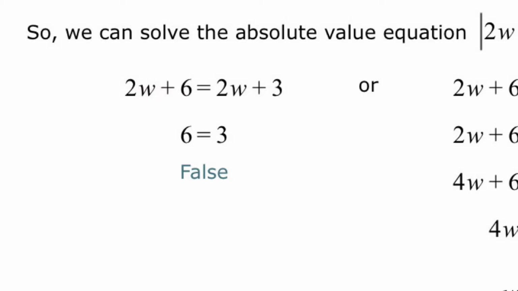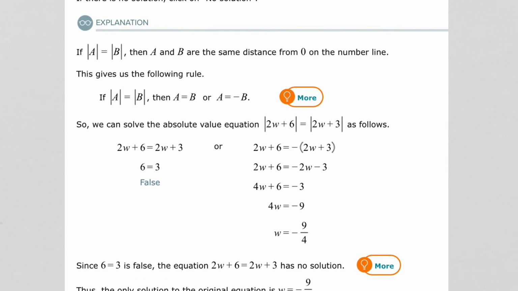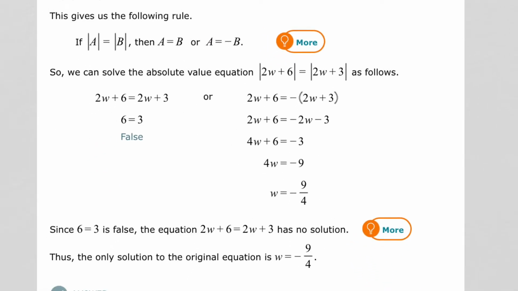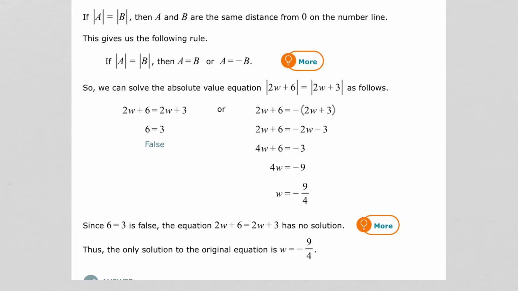This is A, this is B. The second one, remember, is going to have a negative: 2w plus 6 equals negative 2w plus 3. When you solve that, you get w equals negative 9 quarters. And when you solve the first one, that's false.